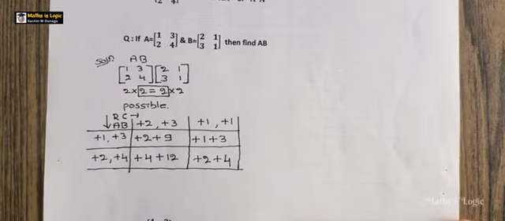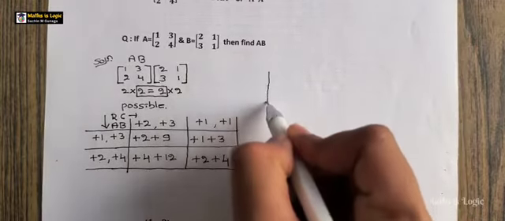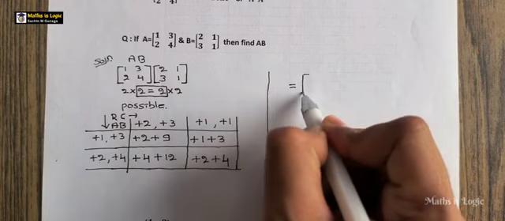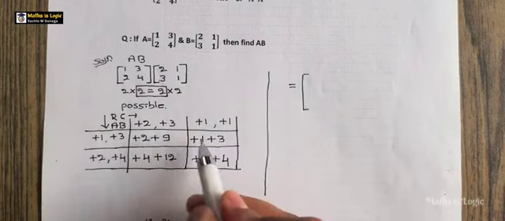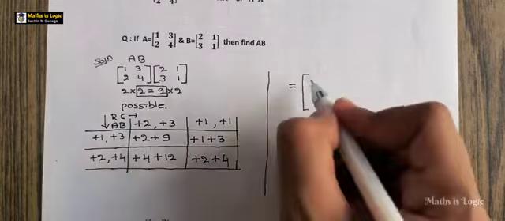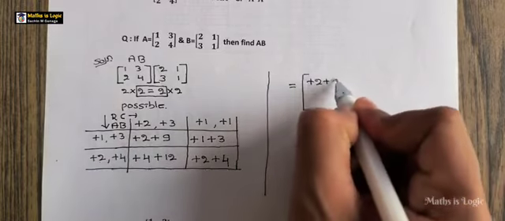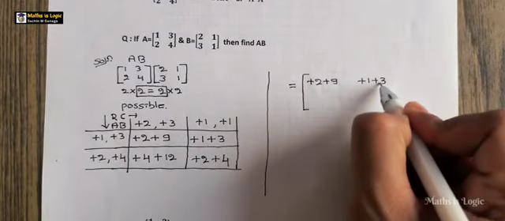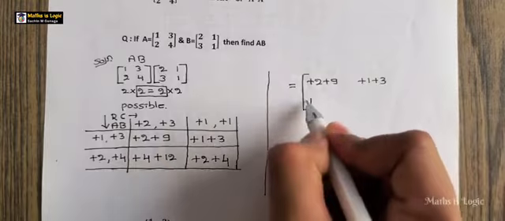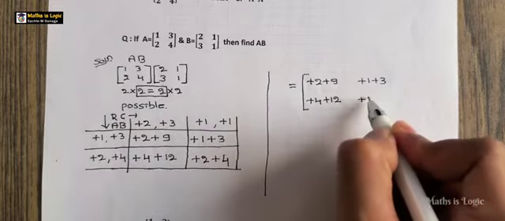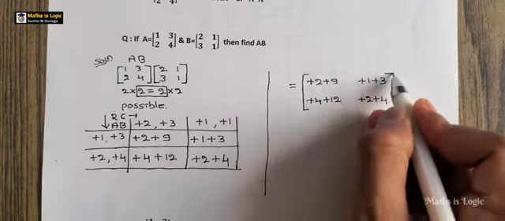Next, after doing the multiplication, in matrix form these values as they are we need to write: plus 2 plus 9, next plus 1 plus 3, next plus 4 plus 12, next plus 2 plus 4.